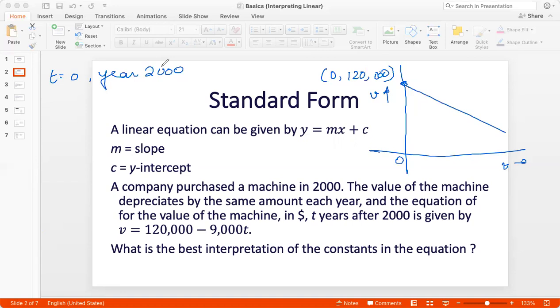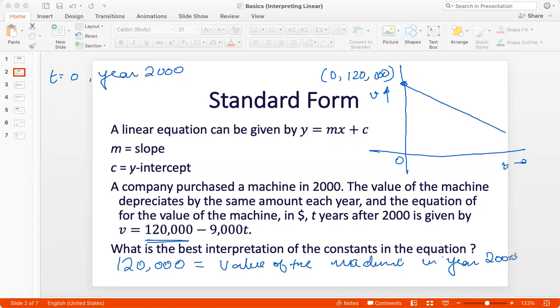So you can see that the y-intercept is the value of the machine in 2000, because that's when t is 0. So here, the best interpretation of 120,000 is the value of the machine in year 2000. That's the value of the machine in year 2000, because that's when t is 0.